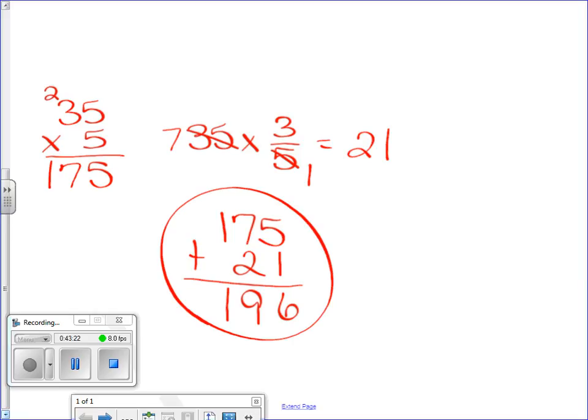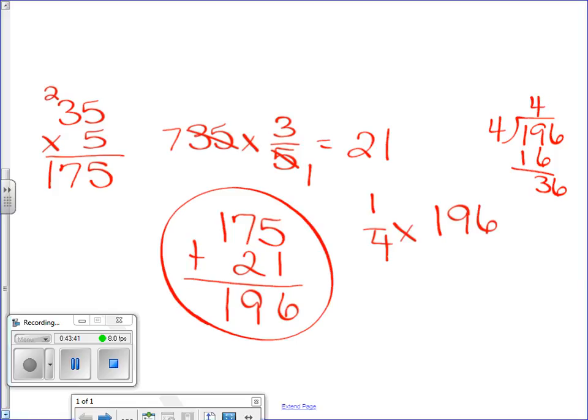1/4 of all of my passengers were adults. 1/4 of the passengers. So 196 divided by 4 is 49 for adults.